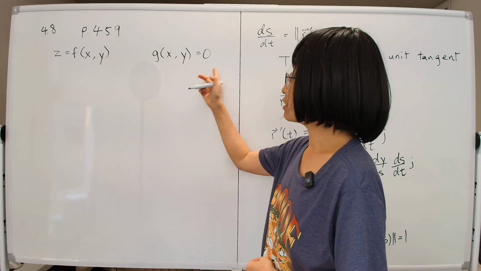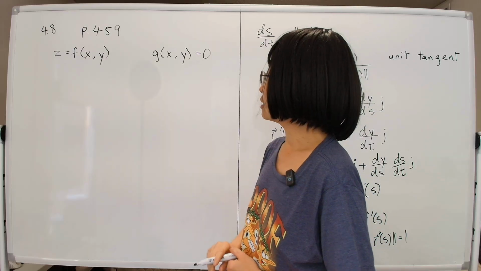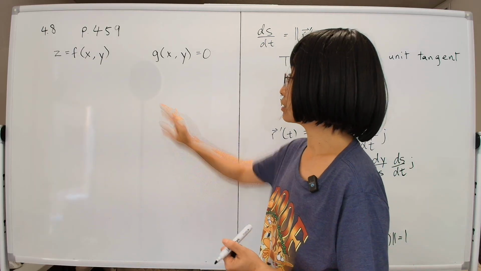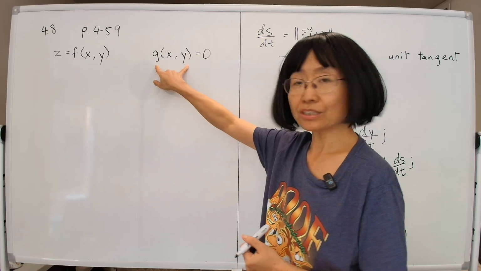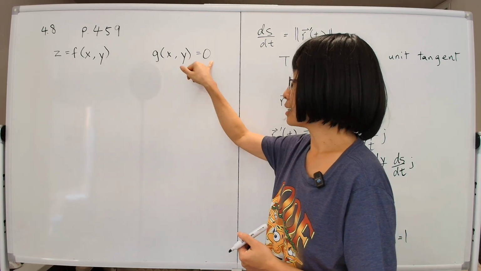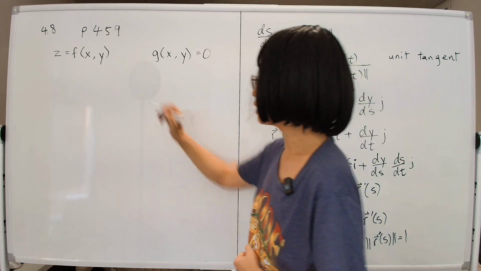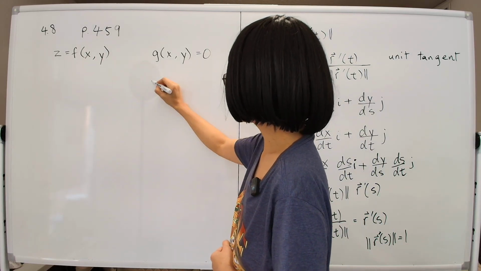First, let's consider a curve, a contour curve of the function g(x,y), where g is 0, on the ground. So we have a curve on the ground, and let's draw it something like this.